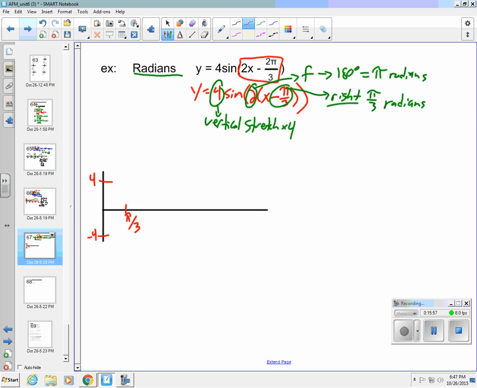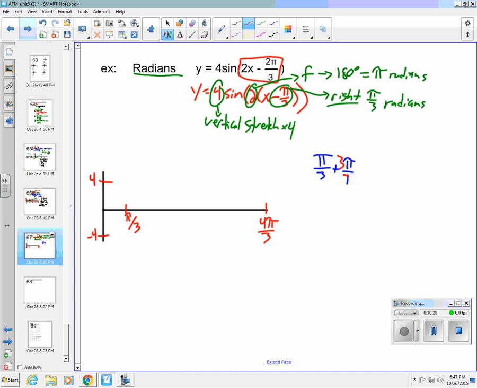The full period of the function is pi radians, so we have to add pi to pi over 3, which would be the same as 4 pi over 3. Right, so we have pi over 3, and we're going to add pi over 1. We need a common denominator.